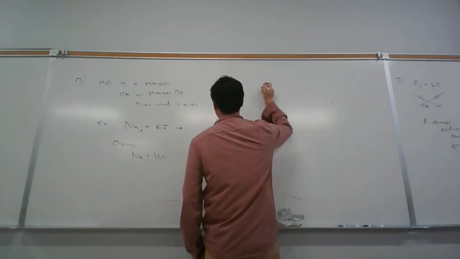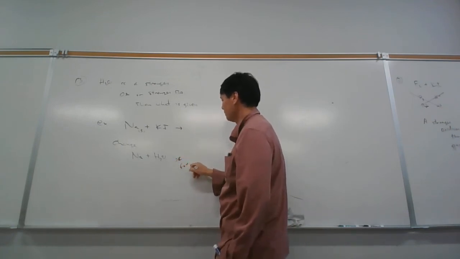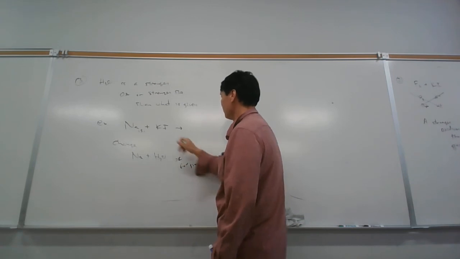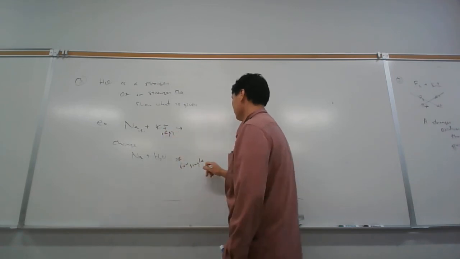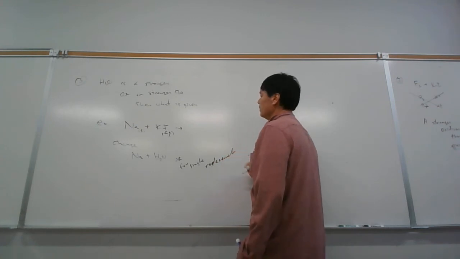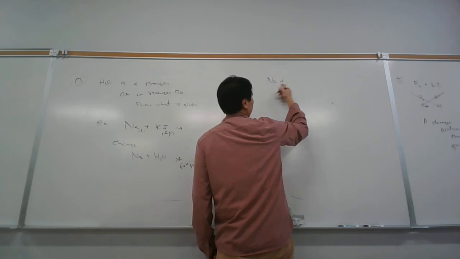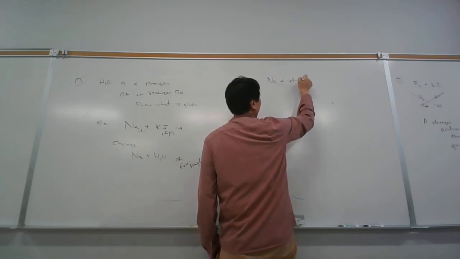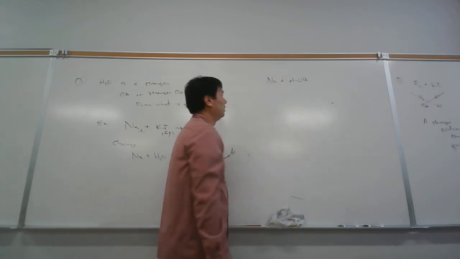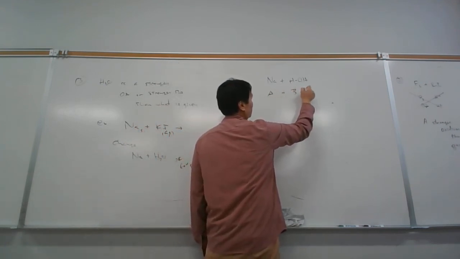In single replacement, this works. This is okay for single replacement. This has to be AQ. The way we make it okay for single replacement is we write it like this, A plus Bx.